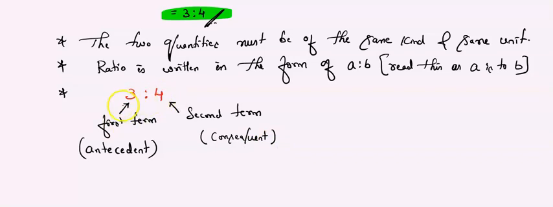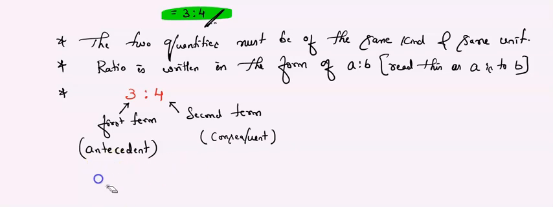Okay, 3 is to 4 जो दिया है, 3 को हम बोलते हैं antecedent और 4 second term, हम उसको बोलते हैं consequent. Okay, so in a ratio antecedent and consequent are co-prime.